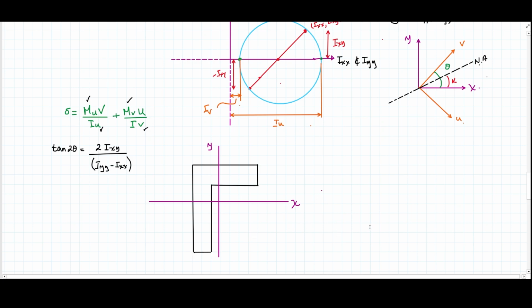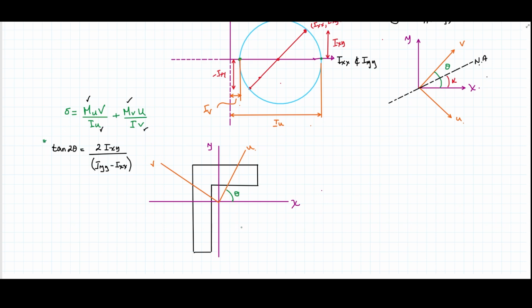So you have those two, but then you know where the other axes can be, meaning that the principal axes are maybe located something like this, and then this other one perpendicular to it. These are U and V, and an angle theta that you already know how to calculate because of this equation here.